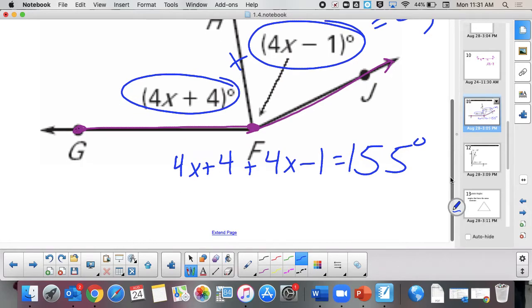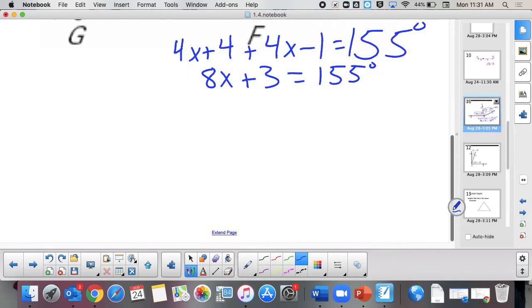Solving your equation, I have 8x plus 3 when I combine my terms equals 155 degrees. Subtract your 3 over, I have 8x equals 152 degrees, and then we divide by 8.